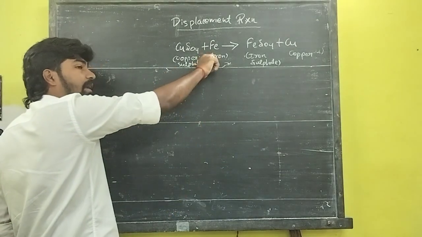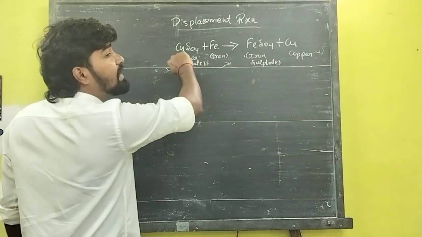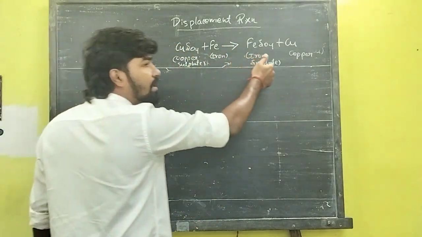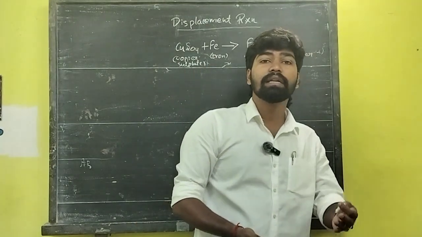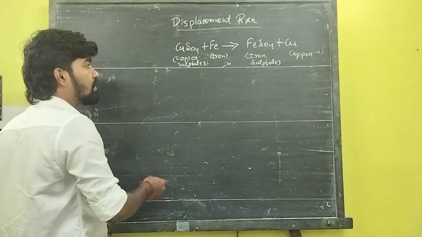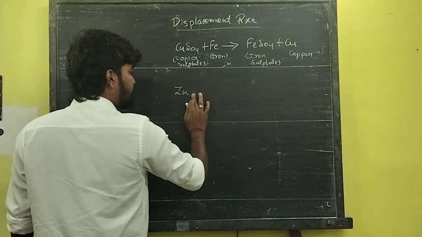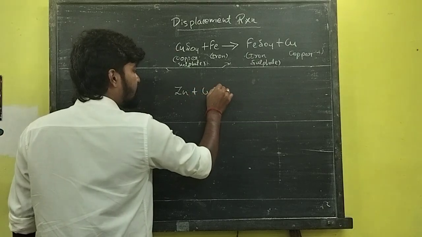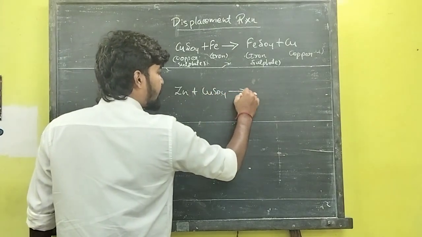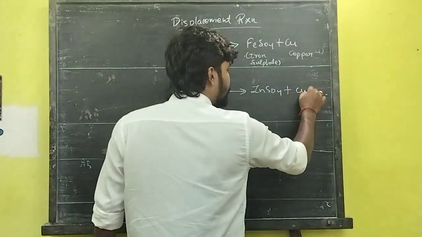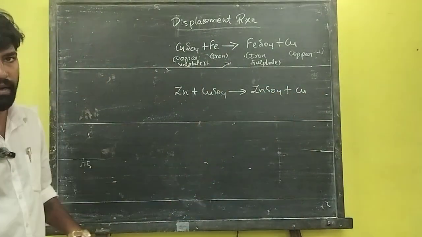The more reactive metal displaces or replaces the copper to give a product, and we call it a displacement reaction. As simple as that. We can take one more example, that is Zn plus CuSO4, you will get ZnSO4 plus Cu. Same displacement reaction is taking place.